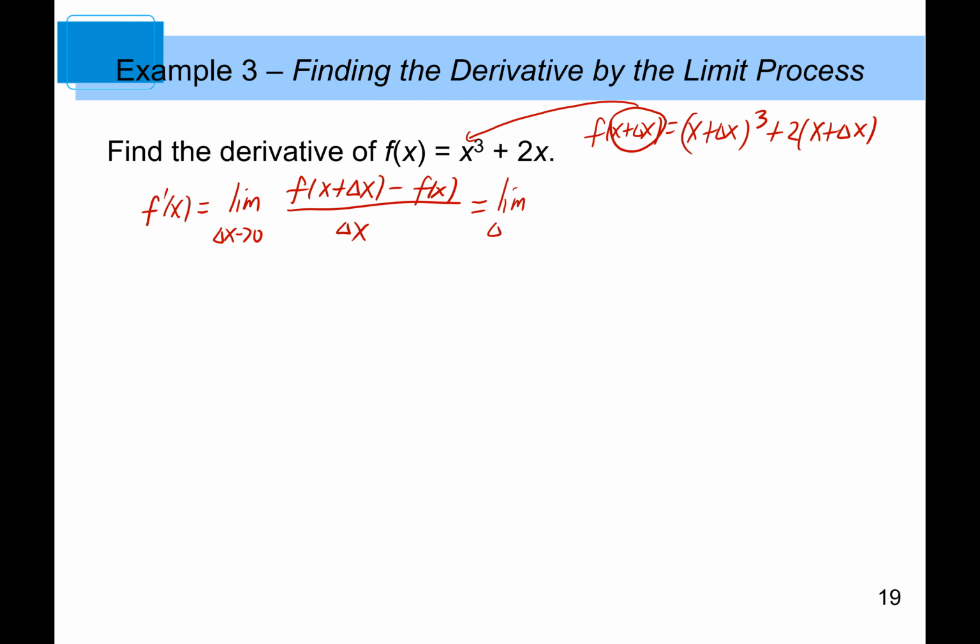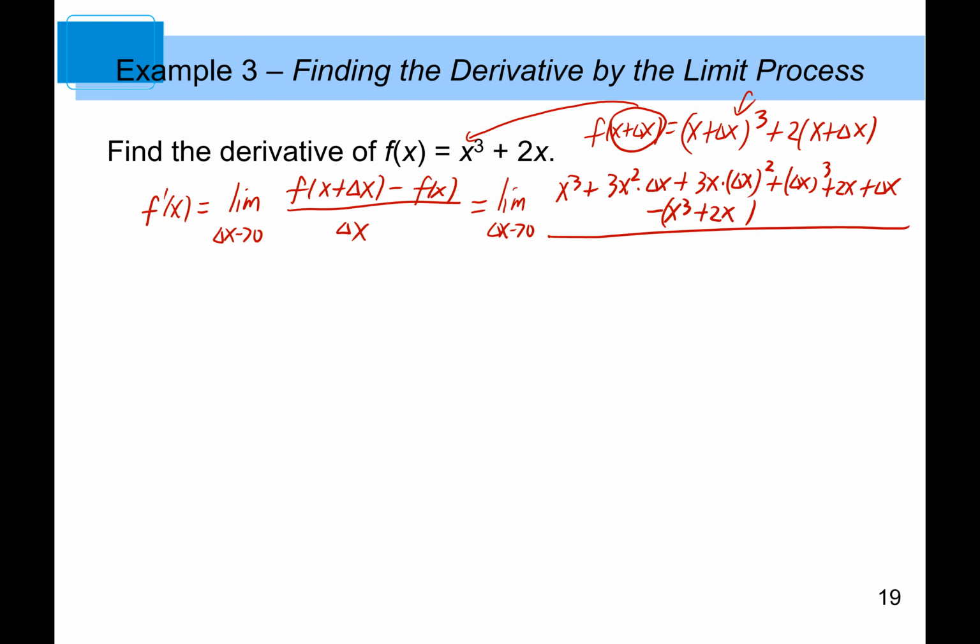Okay, limit as delta x approaches 0. So we're going to expand this. It becomes x cubed plus 3x squared times delta x plus 3x times delta x squared plus delta x to the third, plus 2x plus 2 delta x, and f of x is x cubed plus 2x, so minus x cubed minus 2x.